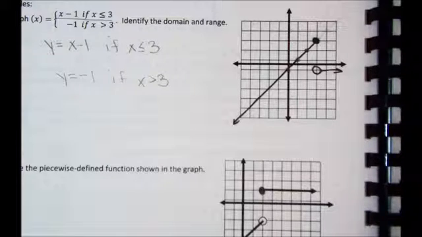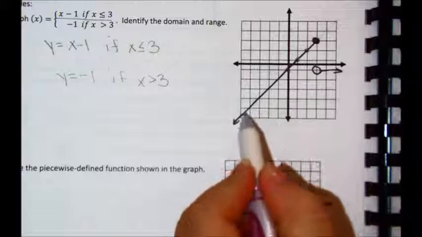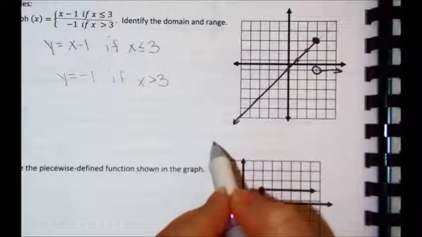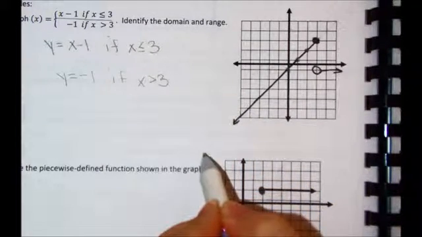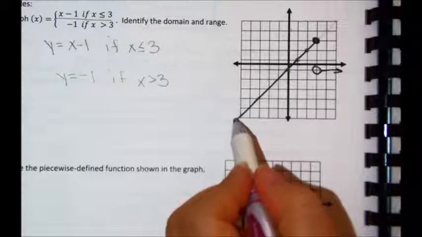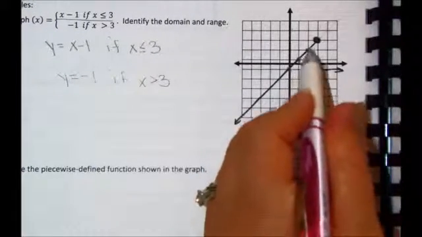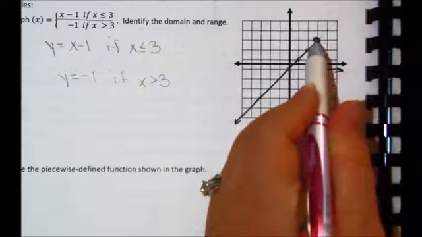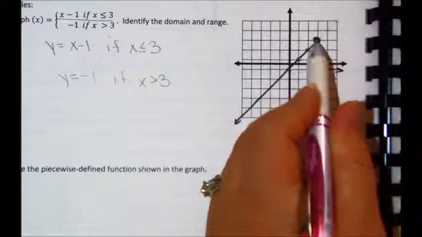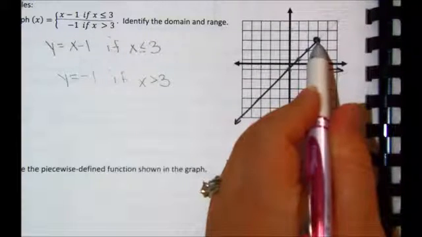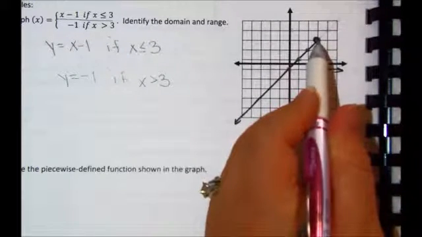If we follow our graph over to the left, we can see that the x's will continue on to negative infinity. So we are going to follow our graph to see if there are any places where x cannot be. We follow x all the way up to x is 3, and then it stops. Since this is a closed dot, it tells me that x can be 3.